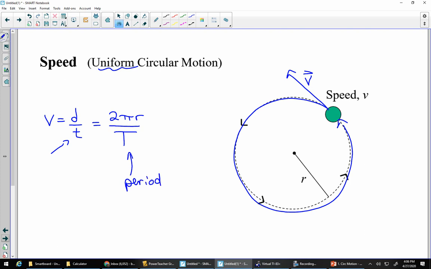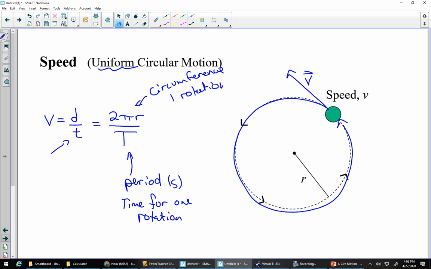The period by definition, measured in seconds, is the amount of time that it takes to do one lap around the circle, or one complete rotation around the circle. So time for one rotation, and then this is our circumference, which is realistically one rotation.